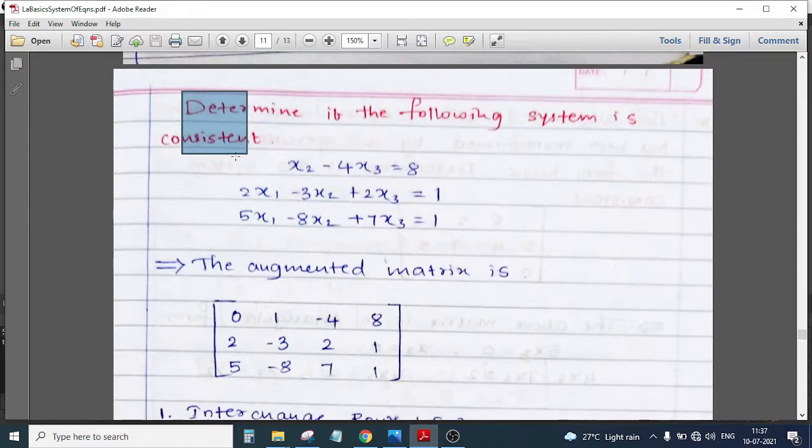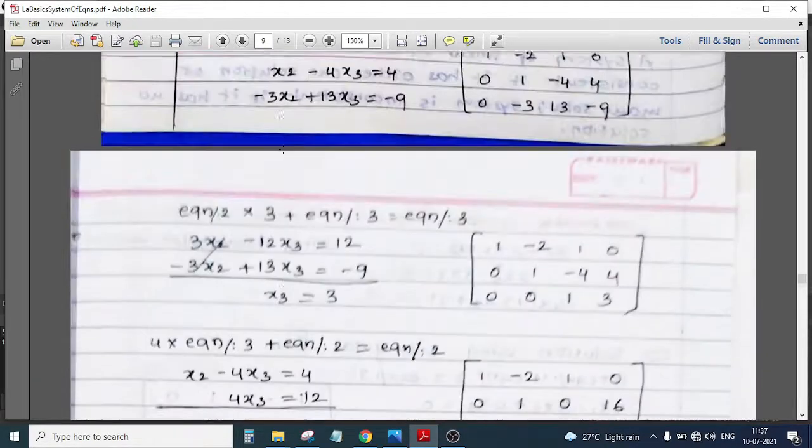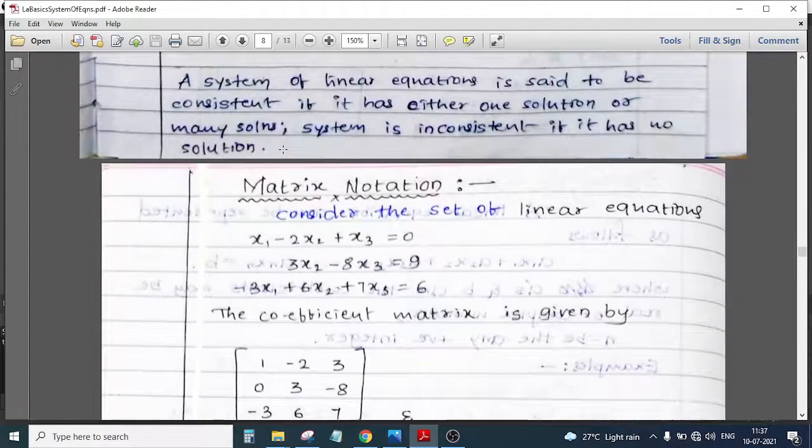Please refer to the previous video wherein I have explained our system of equations has three sets of solutions, which are: no solution, single solution, and the third one is multiple solutions. When we call it consistent, it is having either one solution or multiple solutions, right? So let me take you back there in case you have forgotten.